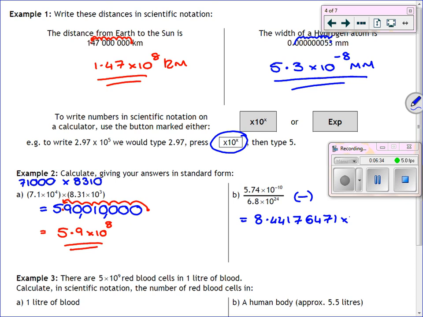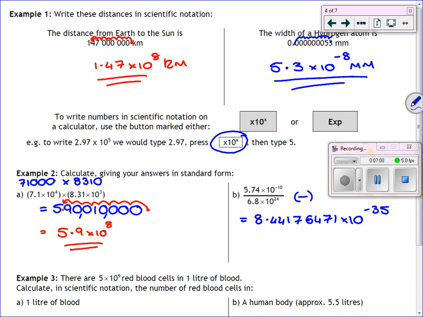8.44176471 times 10 to the power of minus 35, which is an incredibly small number. It's so small, my calculator can't actually handle how small it is, and it puts it into scientific notation straight away. So like I said in the previous example, it's always a good idea just to round it to one decimal place.